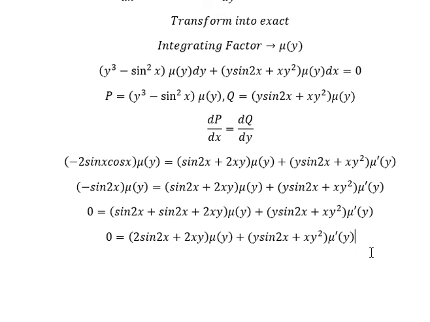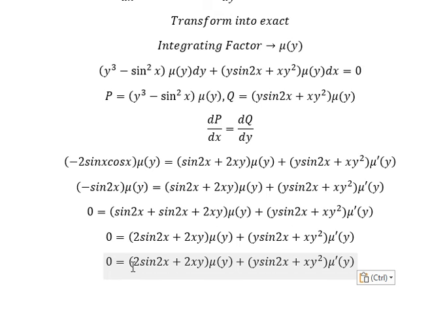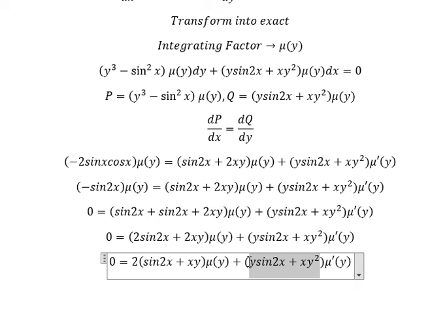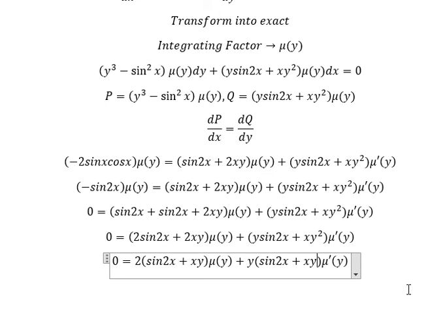Next, we can do factorization by number 2. This one we can do another factorization by y. Now we see that we have sine 2x times y and sine 2x times y.